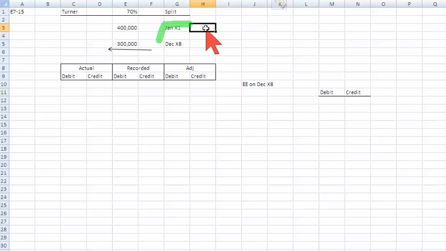So let's do $400,000 divided by 20 years, which gives us $20,000 of depreciation per year. And on this date, which is 8 years later, so that's 12 more years to go, it's going to be recorded at $25,000 per year.